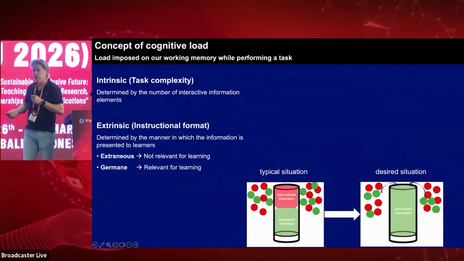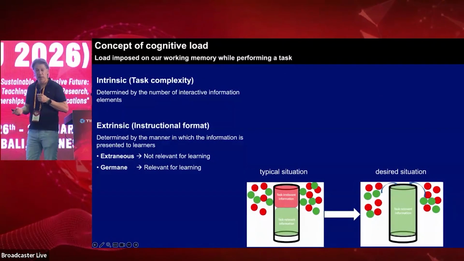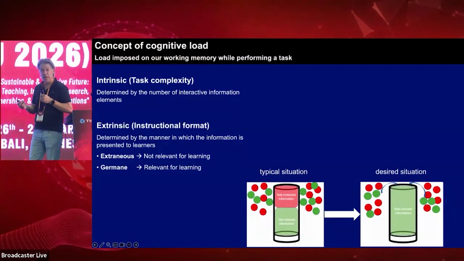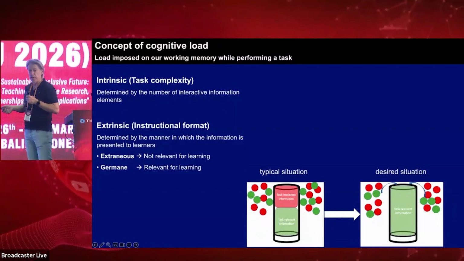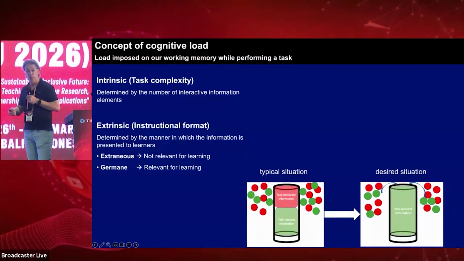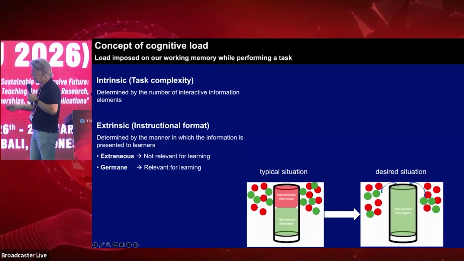Maybe also to refresh your memory, we distinguish intrinsic cognitive load, the intrinsic complexity of the task, which consists of the elements that are in the learning task, and the load imposed by the way in which we present the information, which is called extrinsic. This can be relevant for the learning, that is germane, and if it's not relevant, we call it extraneous load.